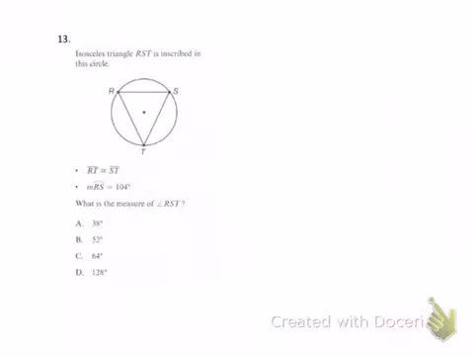Number 13, isosceles triangle RST is inscribed in a circle. RT and ST are congruent. To me, it helps if you mark them. The measure of arc RS is 104. I would put that on the arc RS. What is the measure of angle RST? There's angle RST. So I know that it's not intercepted by the 104 arc.